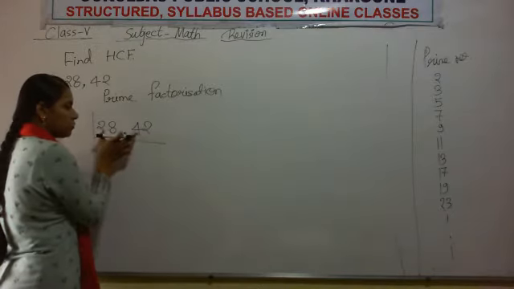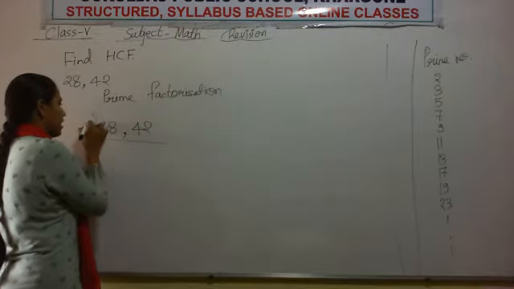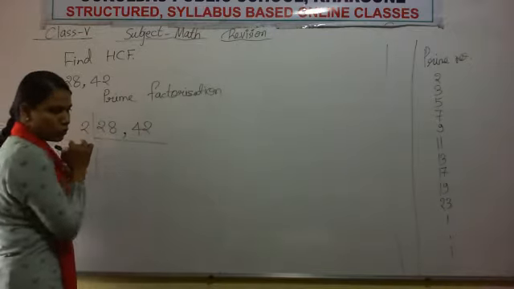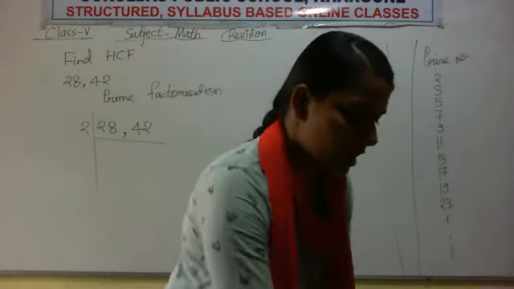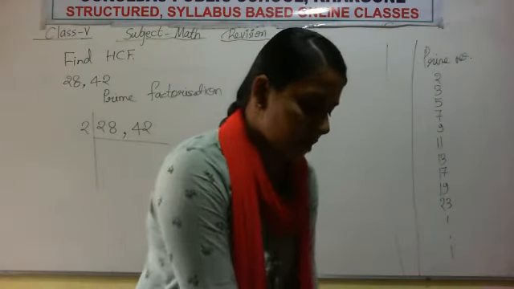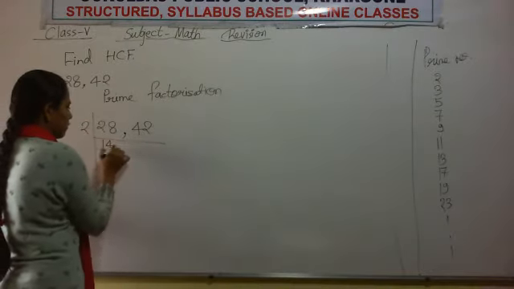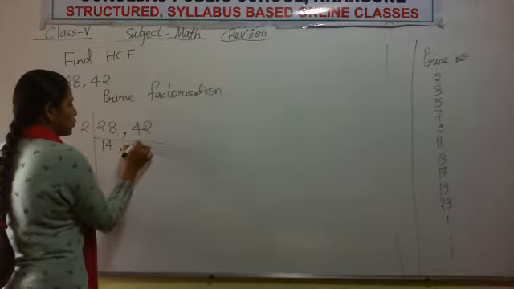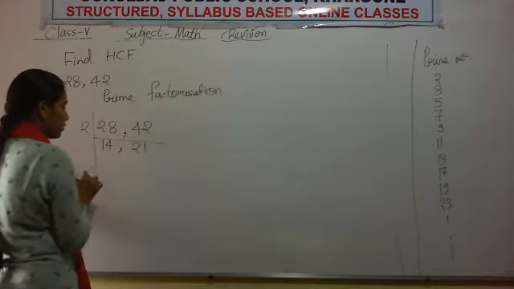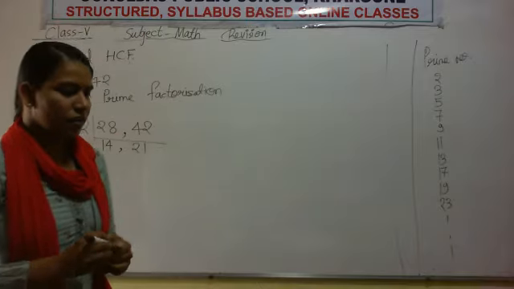Check both the numbers. Both the numbers are even, so both the numbers are divisible by 2. 2 ones are 2, 2 fours are 8. 2 twos are 4, 2 ones are 2. Now we have two numbers 14 and 21.